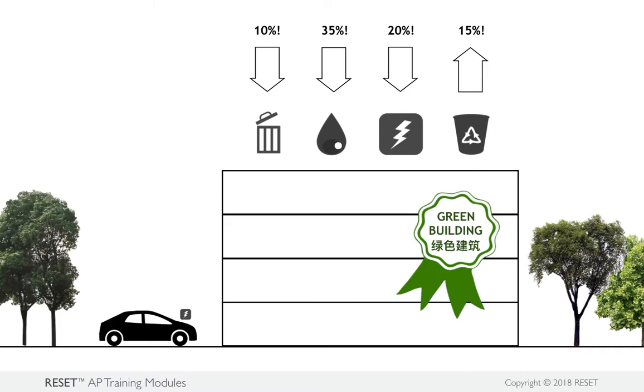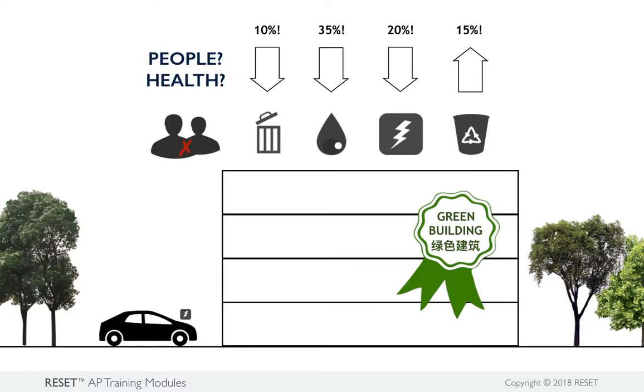And while protecting the environment is, of course, a noble cause, it's an absolute necessary pursuit, what this was creating was a generation of buildings that were kind of forgetting a really important piece. And that is, of course, the occupant, human health. So up until recently, certifications were not addressing human health.